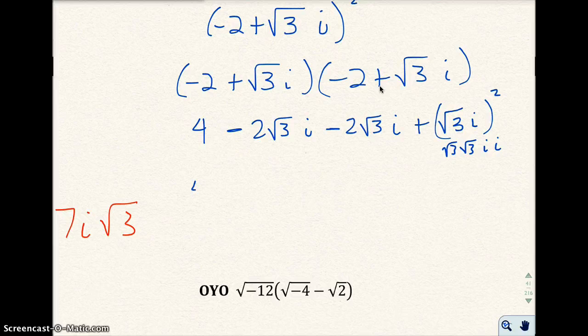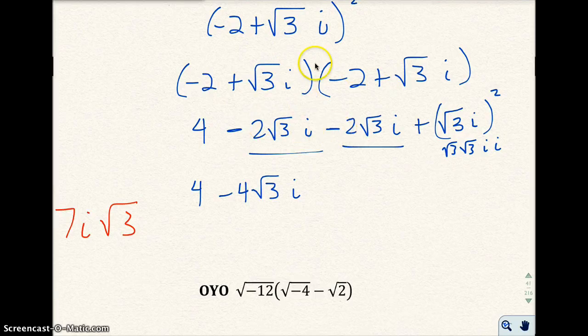Okay, so now I have 4. I can go ahead and combine these two because they're like terms. So I now have minus 4 square root 3i. Notice how it's not i squared, I'm just combining like terms. And here I'm going to have plus 3i squared. You can also think of this as the square and the square root negate each other out, and then I also have to apply the square onto the i.